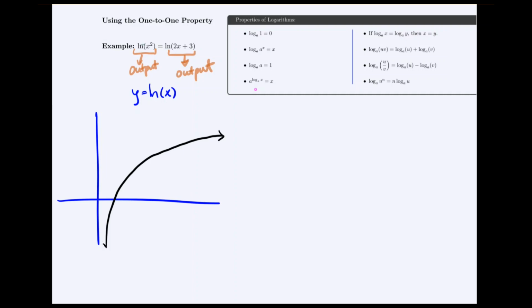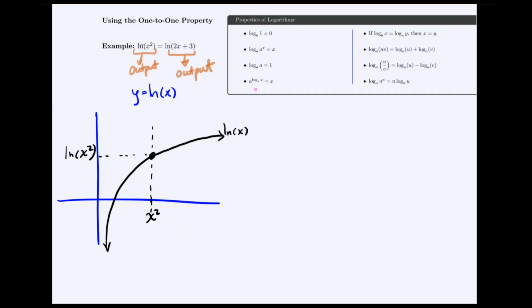Now this is visually a one-to-one function, and indeed we know exponential functions and logarithms are one-to-one. Also, because we know that those are inverses of each other, we know those are definitely one-to-one functions because only one-to-one functions have inverses. So what this is saying is if you go over to x squared, wherever that is, and you go up to the output value, since this is our function ln of x, that's ln of x squared.